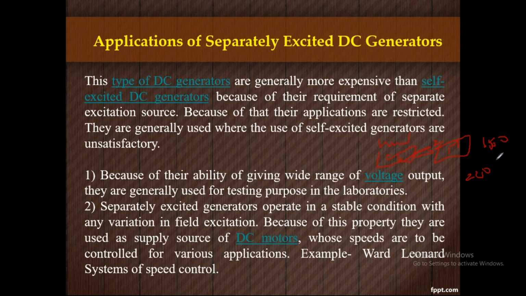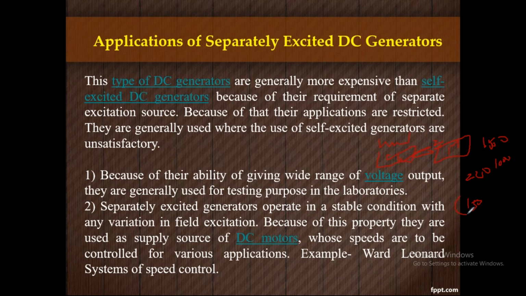Suppose if you want to reduce the speed to 1000 RPM, what we need to do is reduce that input to the motor. That means reduce from 230 volts to about 150 volts. We do that by indirect changes in the field excitation. If we reduce the field excitation, the EMF is reduced. Due to the EMF, the electrical output from the generator is also reduced.